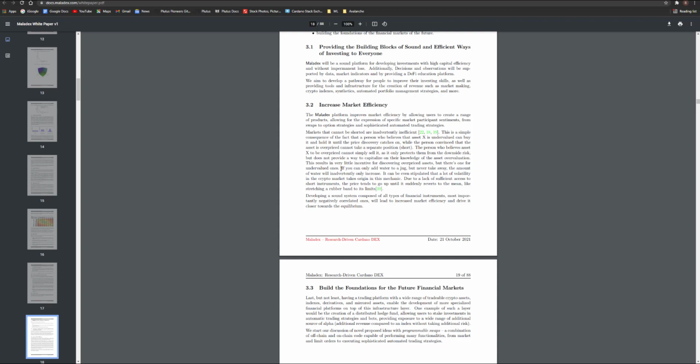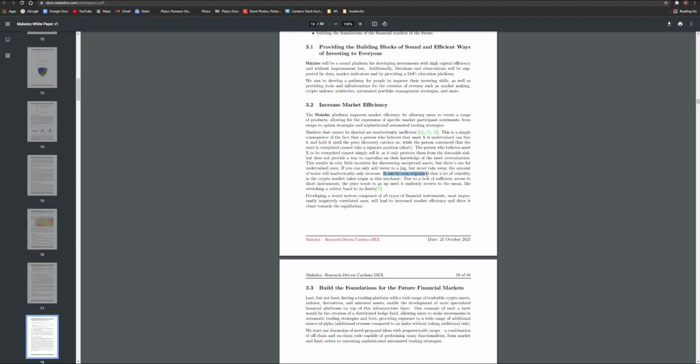So this metaphor here really helps explain it. If you can only add water to a jug but never take it away, the amount of water will inadvertently only increase. So if you can only long an asset, but you can never short it, then the price of that asset will just increase, even though there are people out there who think it is overvalued.